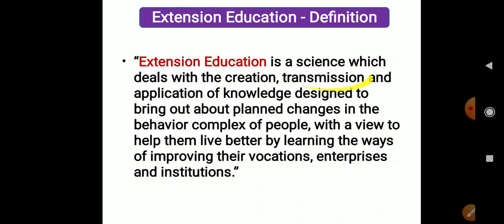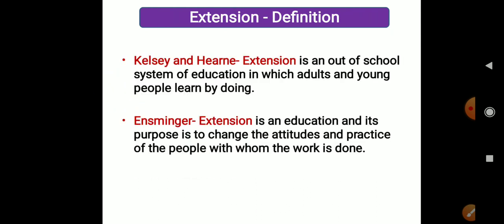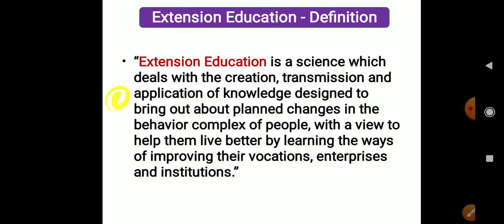Then transmission. Transmission means it is going to be transferred from the scientist to the farmer. So once knowledge is created, it is transferred to the farmer, and the farmer is going to apply it in the field. So creation, transmission and application of knowledge.